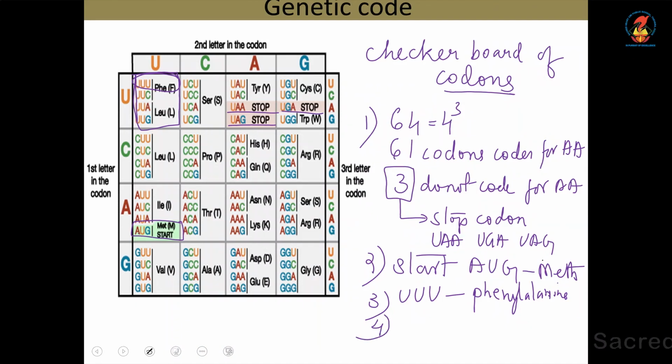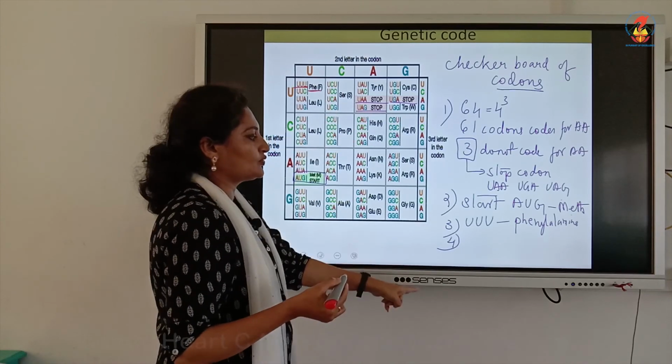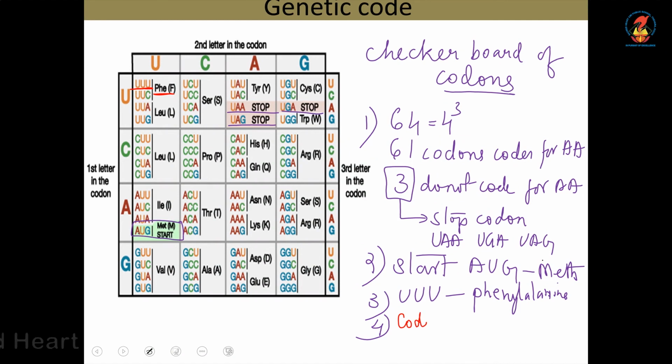Fourth feature, again I am deriving it from the same very first quadrant, UUU. Look at UUU. UUU codes for phenylalanine. Does UUU code for any other amino acid? Cross check. No. So, remember this feature: a codon codes for only one amino acid.